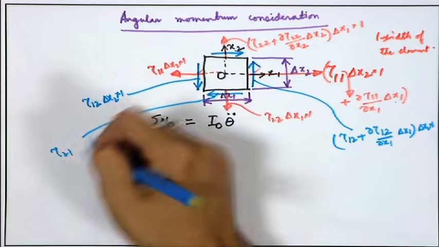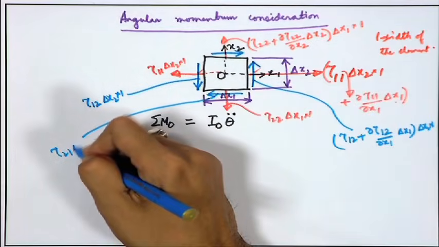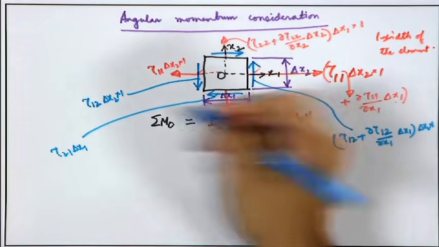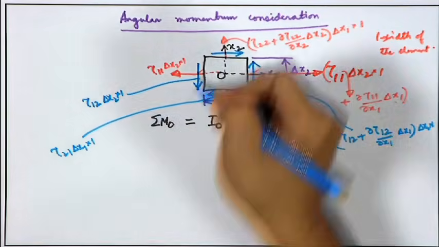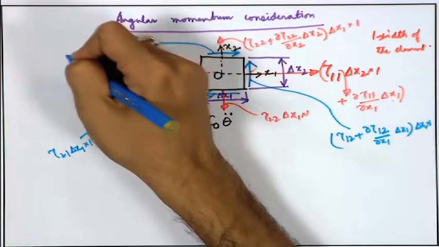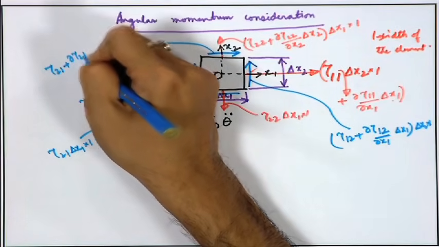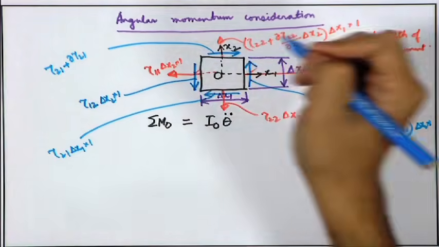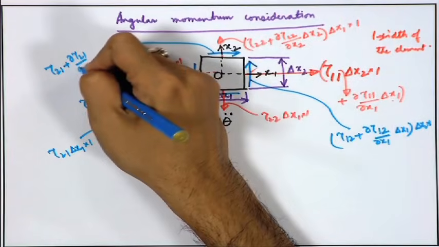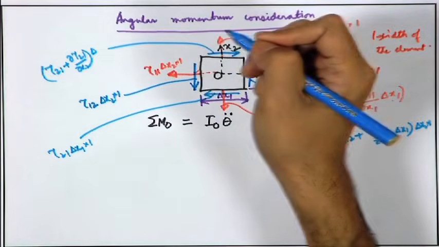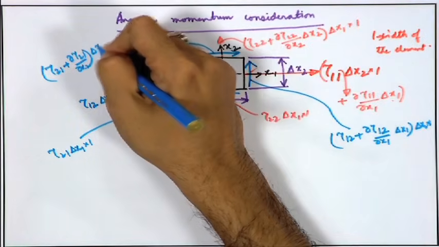So, tau 21 into delta x1 into 1, and this is tau 21 plus del tau 21 del x2 into delta x1 into 1.